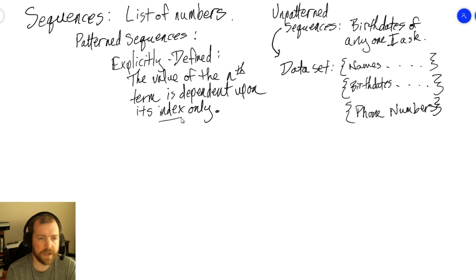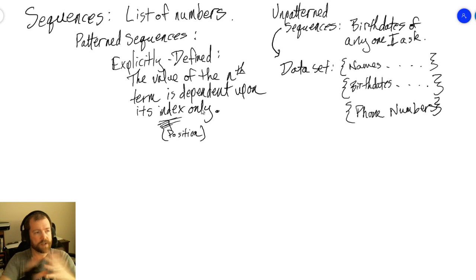What do I mean by index? Well, that's just where it is, its position. So its position in the sequence completely defines what its value is. So one example for explicitly defined sequences might be the sequence of all even numbers.